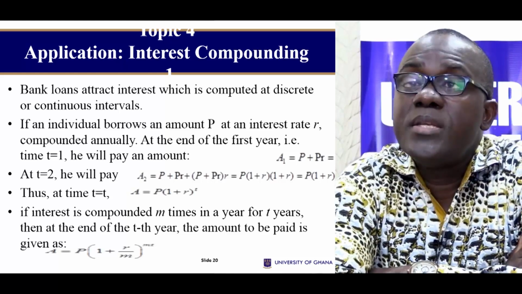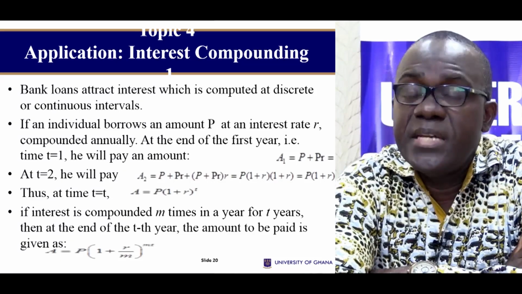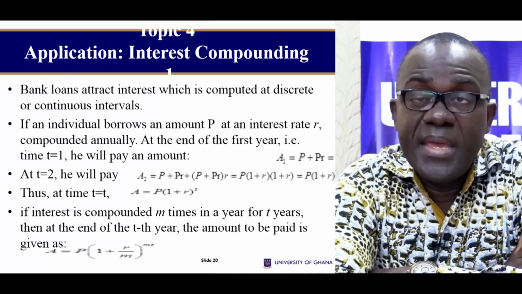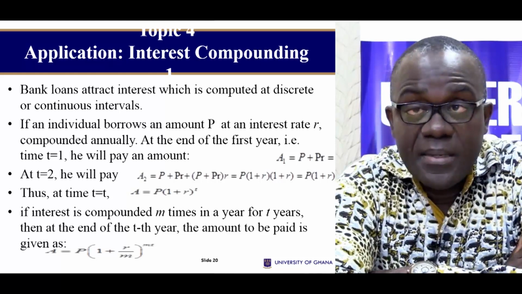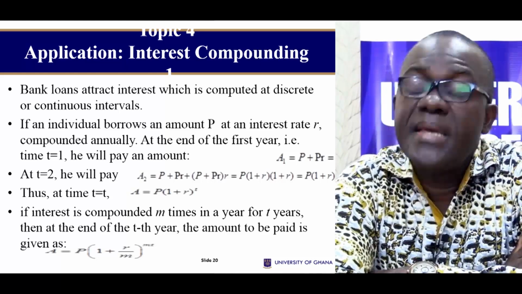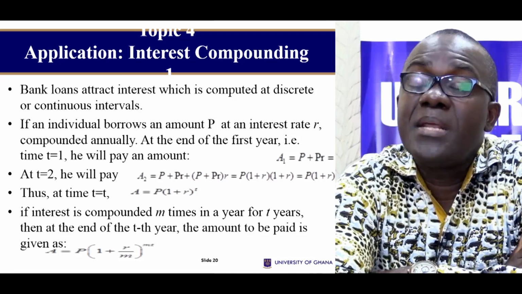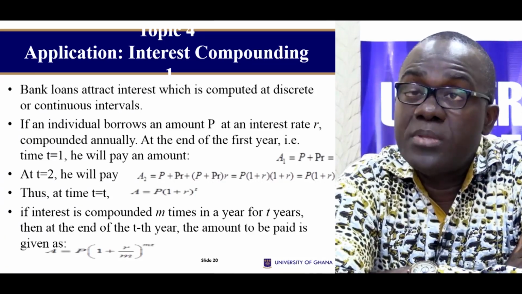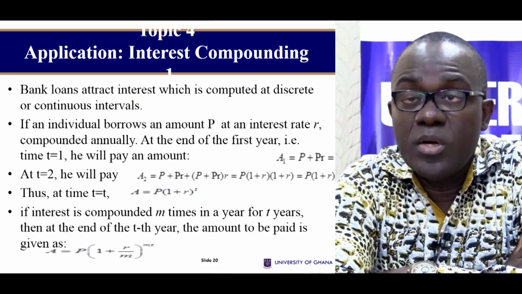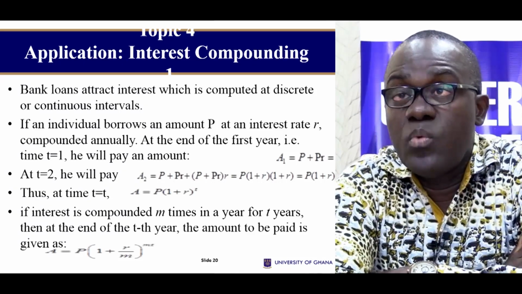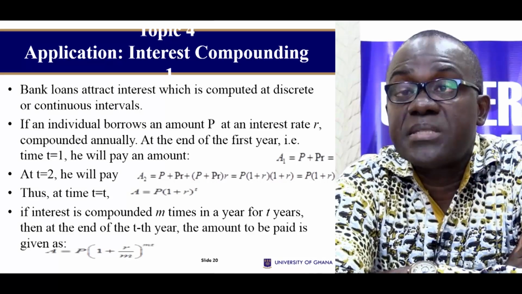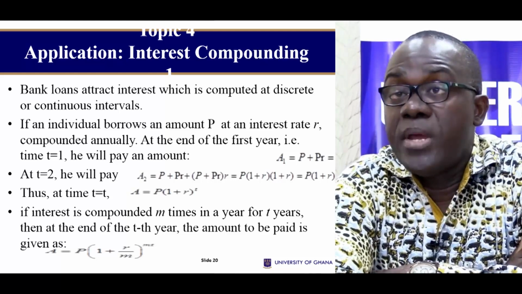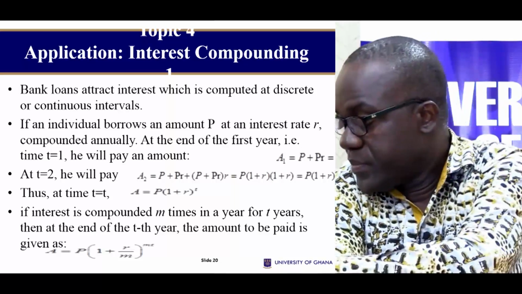So notice that when you go and borrow money from the bank, you should know whether the interest is compounded quarterly, monthly, right? In situations where interest is being compounded monthly, for example, it means M is equal to 12, right? And how much you're going to pay to the bank will depend on how the compoundings are made in a situation where you are dealing with discrete compounding. And it's very important to take all these things into consideration before borrowing from the bank.